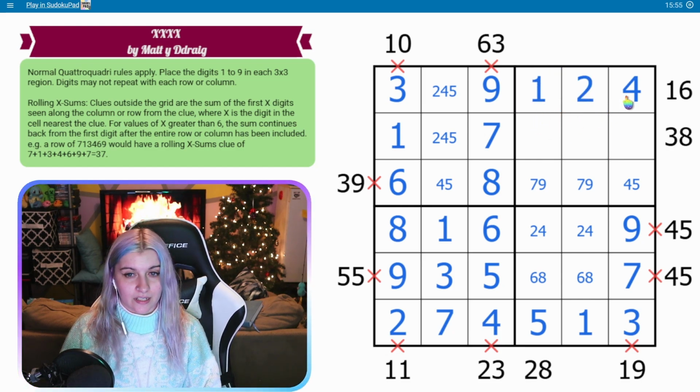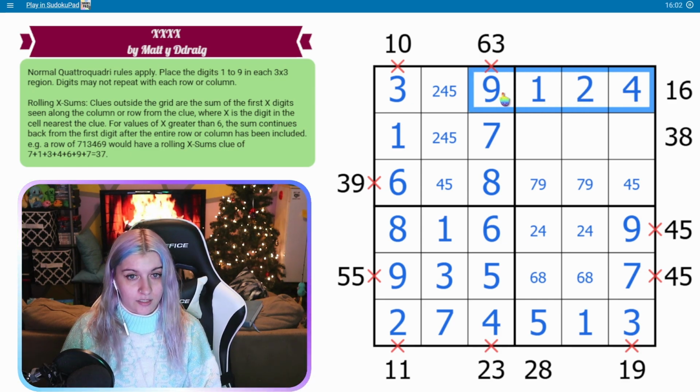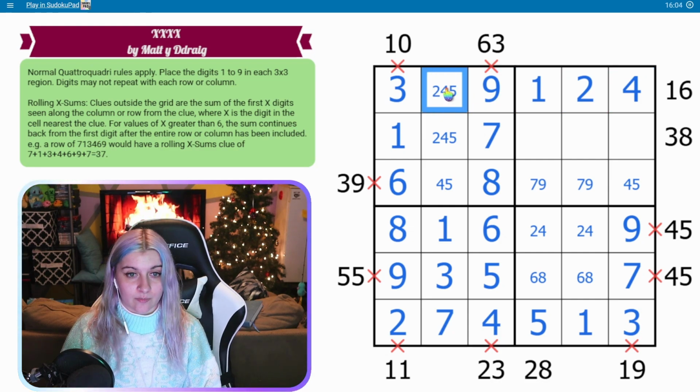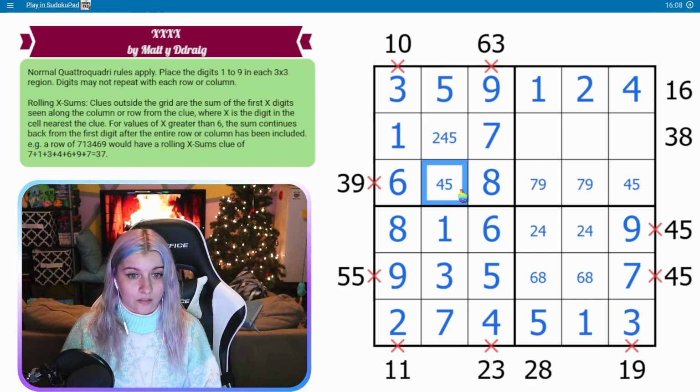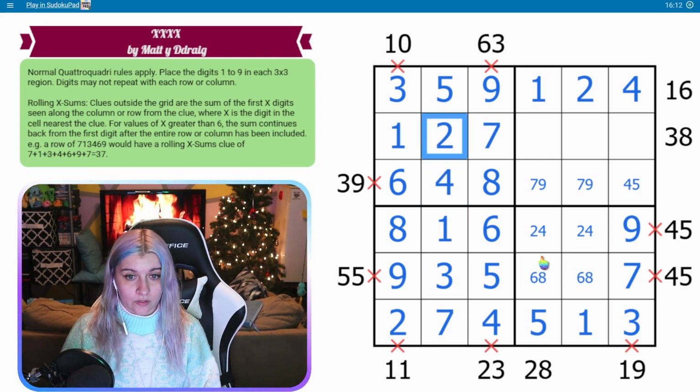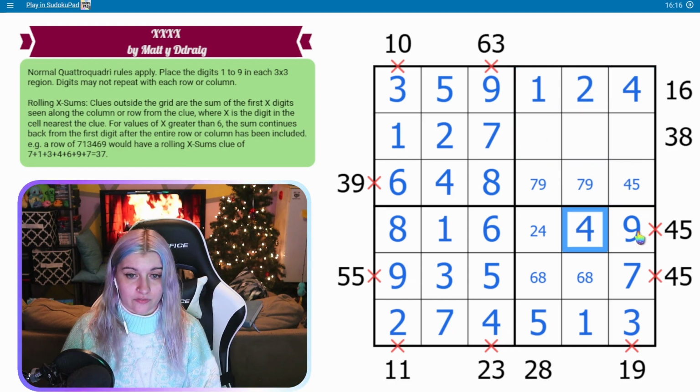What I meant to say was that the biggest this cell could be would be a 4 because the smallest this could be is a 1, 2. And I don't want to add another cell no matter what this ends up being. This ends up being a 4 and this ends up being a 2. This region, oh, I could do this actually, 4 and 2.